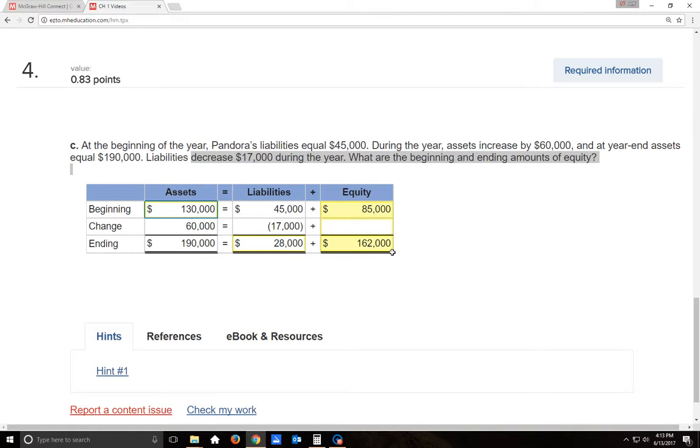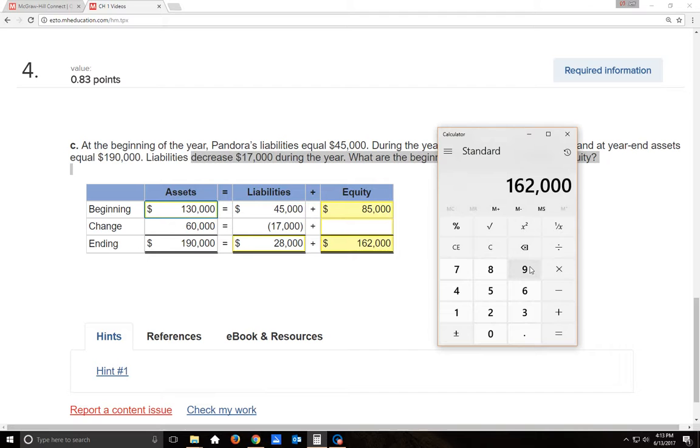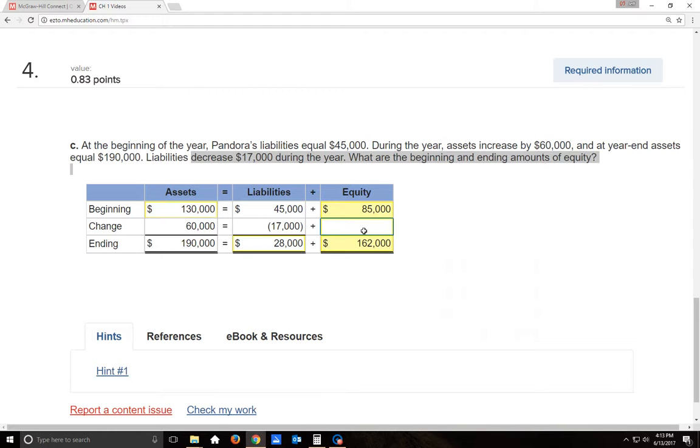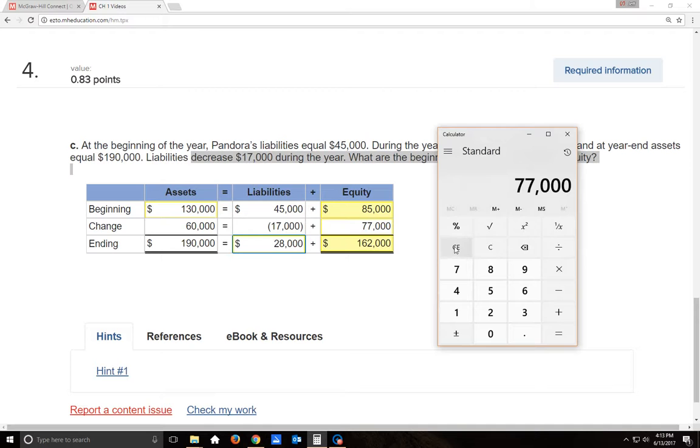So then, how much did stockholders' equity have to have grown or changed during the year? Well, we can back into that by taking 162 minus 85,000 and know that stockholders' equity had to have grown by 77,000 during the year. Another way is taking 60,000 minus a negative 17,000, and that also would give us 77,000. Let's do it that way as well.